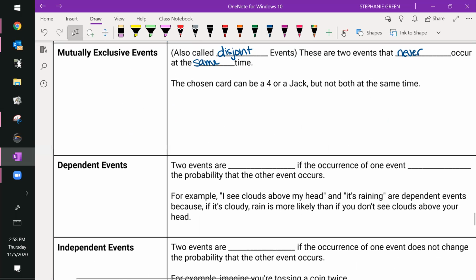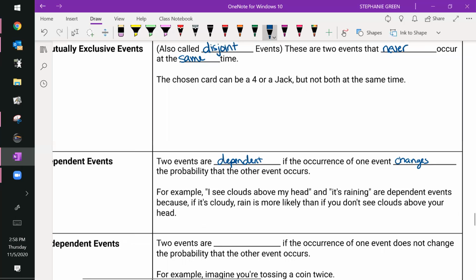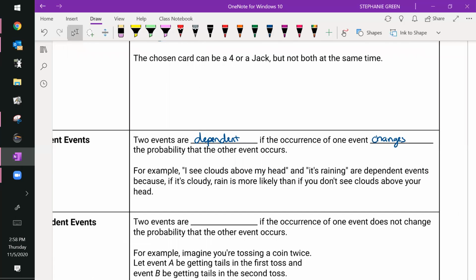The next term here is dependent events. Two events are dependent if the occurrence of one event changes the probability that the other event occurs. So for example, it says, I see clouds above my head and it's raining.